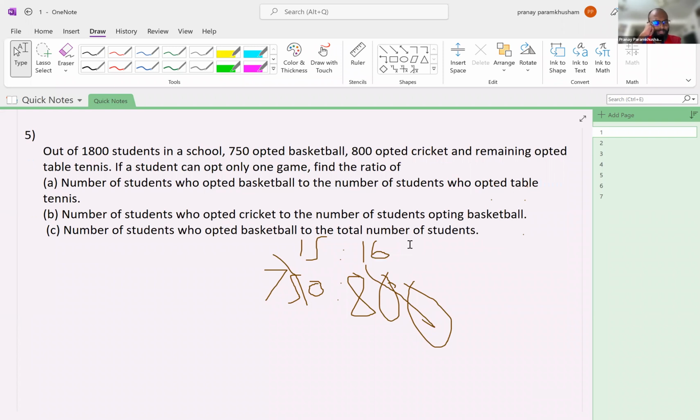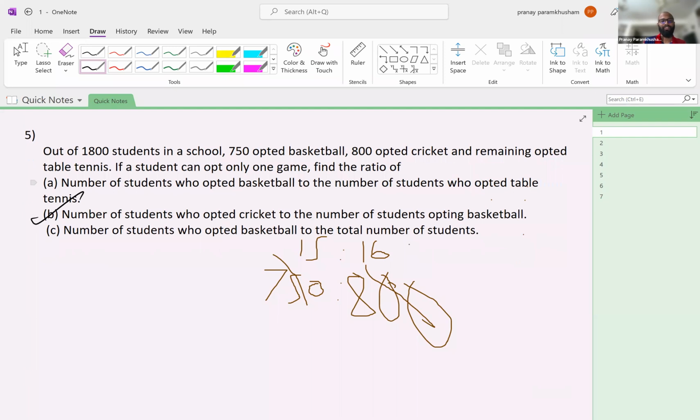Oh, wait. The first one, he said the number of students who opted basketball to the number of students who opted table tennis. You don't know how many people played table tennis. You just did the ratio of basketball to cricket. But that's okay. That's the second question. You did the second question and that too the reverse of it.